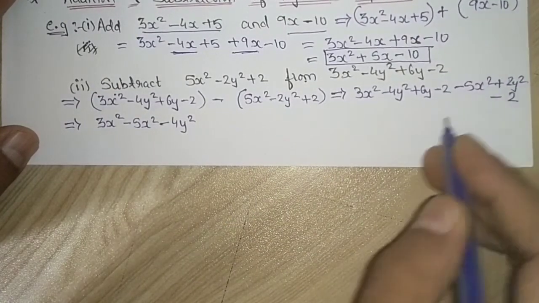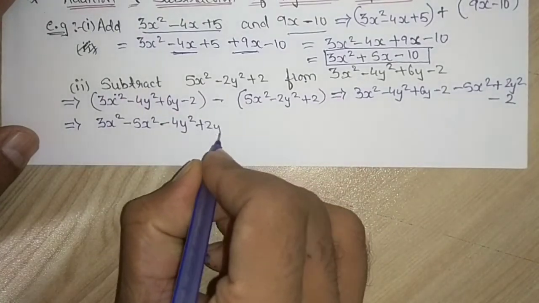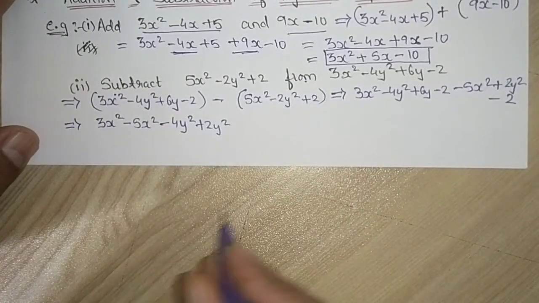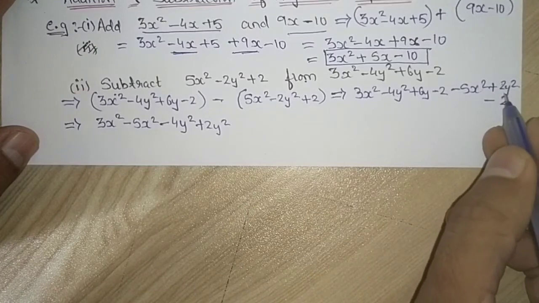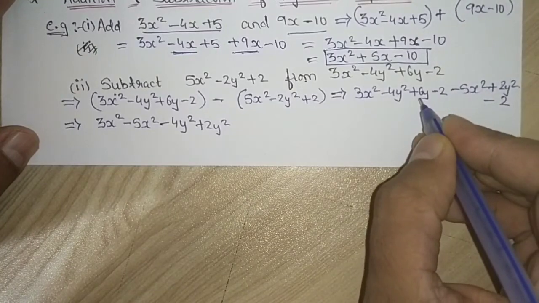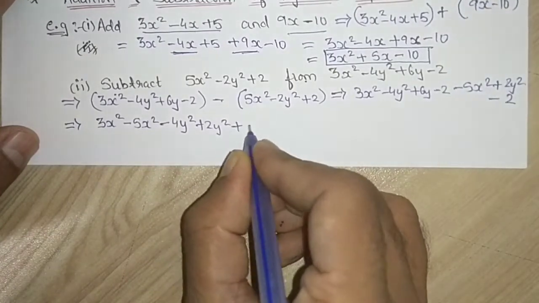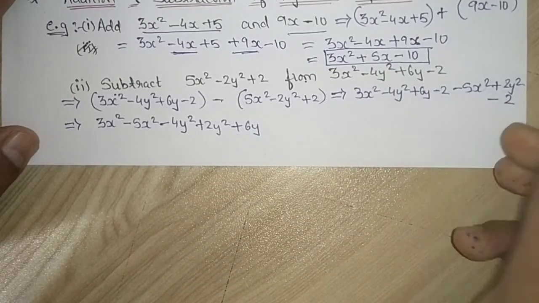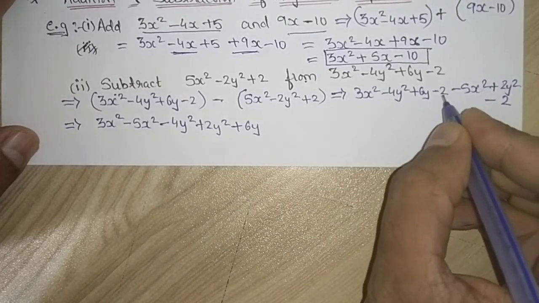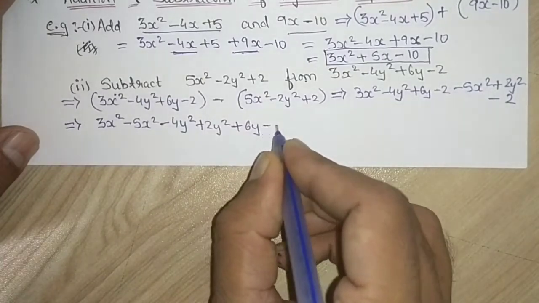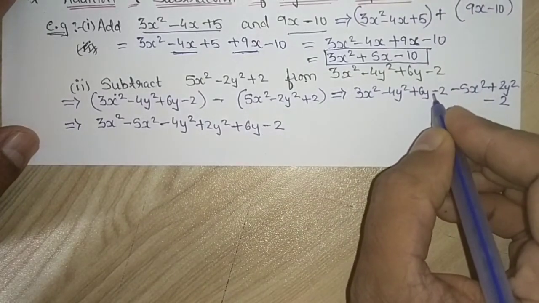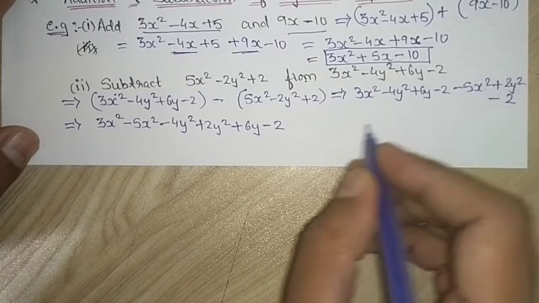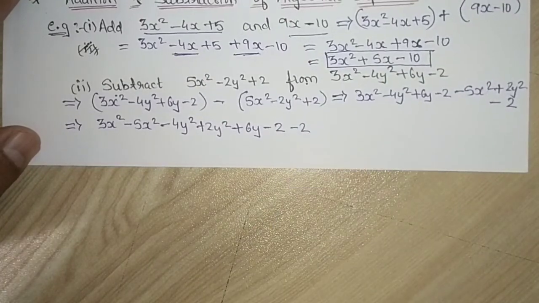Here it is, plus 2y square. Any other term containing y square? No. So we will take 6y. Any other term containing y? No. So we will take the constants: minus 2, and here the other constant, that is 2.